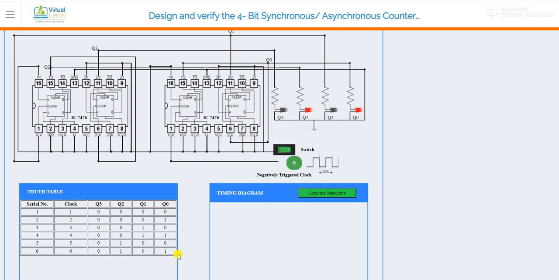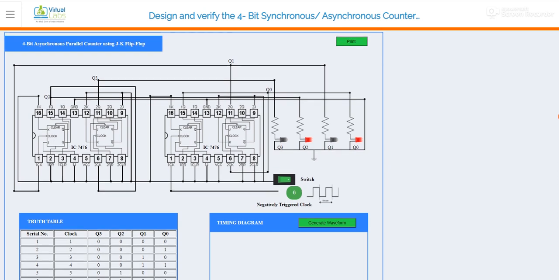We monitored how the value of a particular flip-flop changes from the previous value, and how they are shifted with the help of the clock. All this monitoring we have already covered in our classes. This is basically the simulation part. We are just checking whether we are getting the values after each clock or not. And yes, we are getting the values from 0000 to 1111. So this is basically the working and the simulation of the asynchronous up counter.